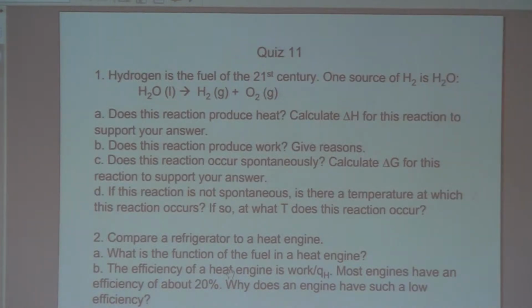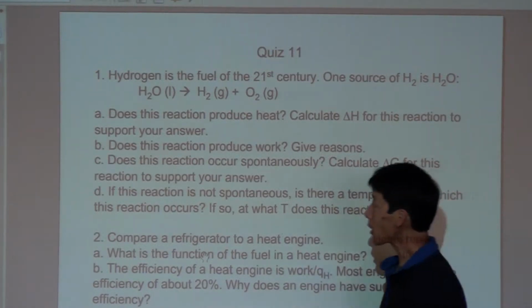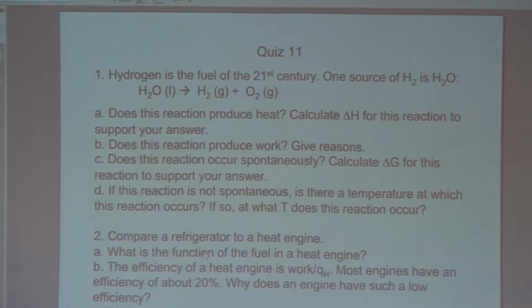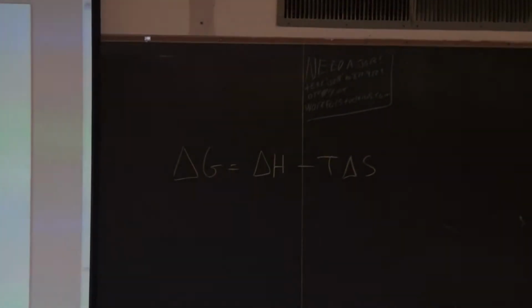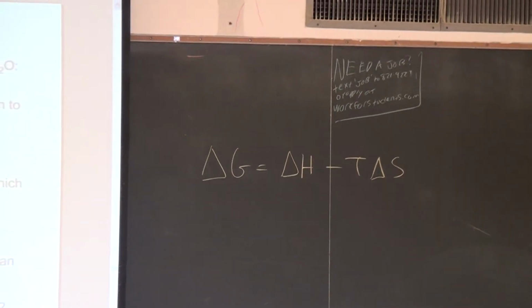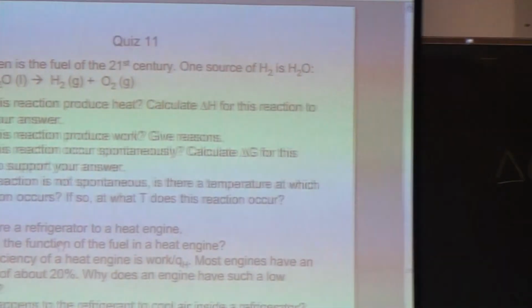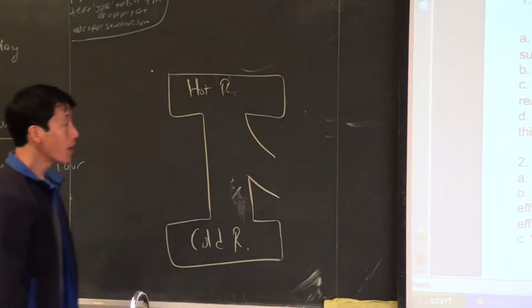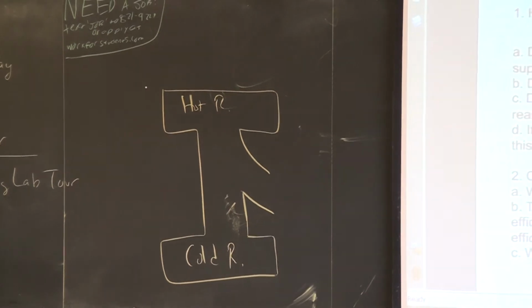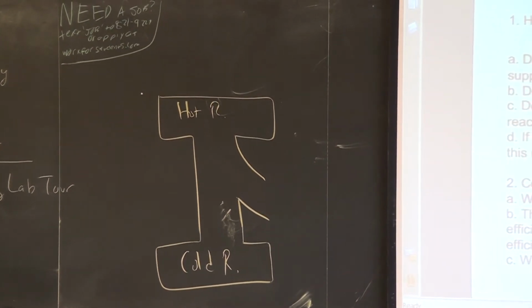For question 2, what is the function of the fuel in a heat engine? In a heat engine, we've looked at that schematic diagram. So there's our hot reservoir. Here's our cold reservoir. The fuel is doing something in the hot reservoir.